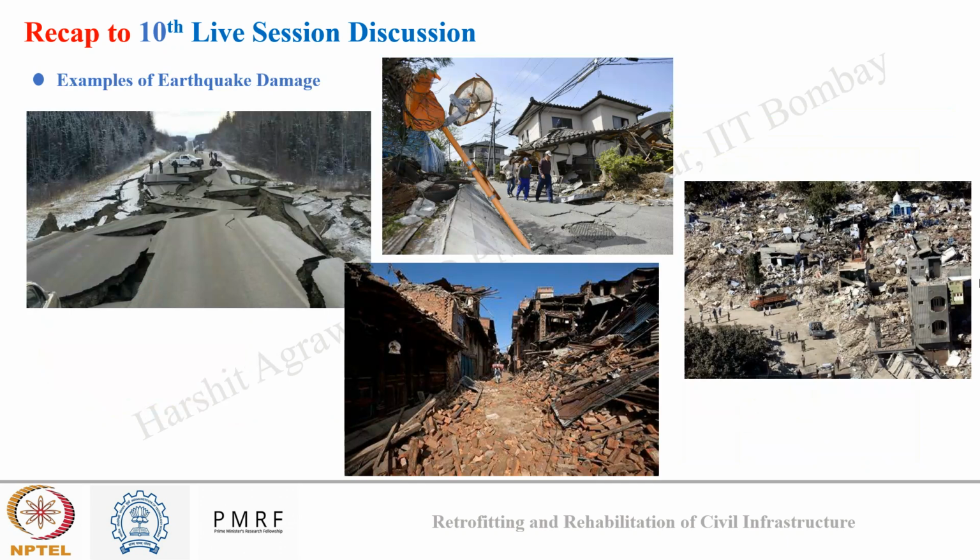Then we talked about multiple examples of earthquake damage, majorly for magnitude above 6.5. So we saw in various locations globally how severe damage has occurred due to earthquakes, and how it has affected both the infrastructure and the livelihood there.